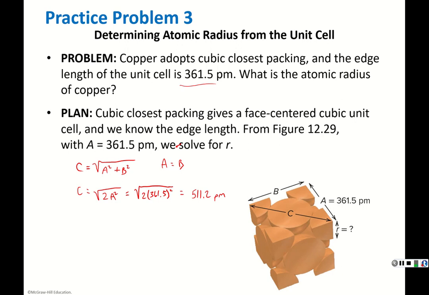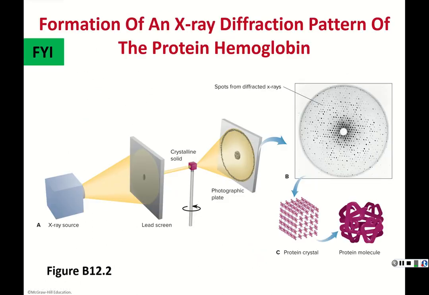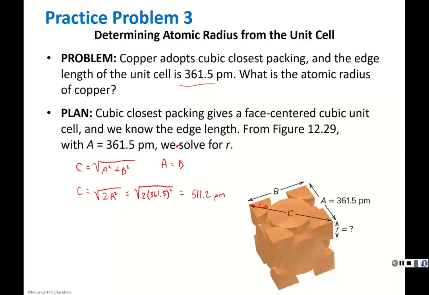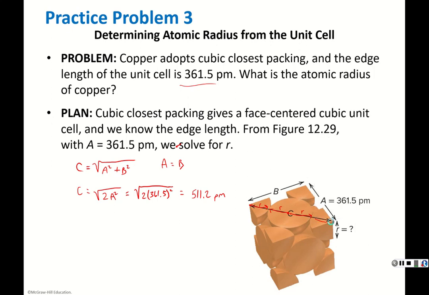Well, that tells us what C is. And we probably don't really care what C is. What we really care about is the radius of an individual atom. So if you look at C, there's one radius, there's two radii, there's a third radius, and here's a fourth radius.